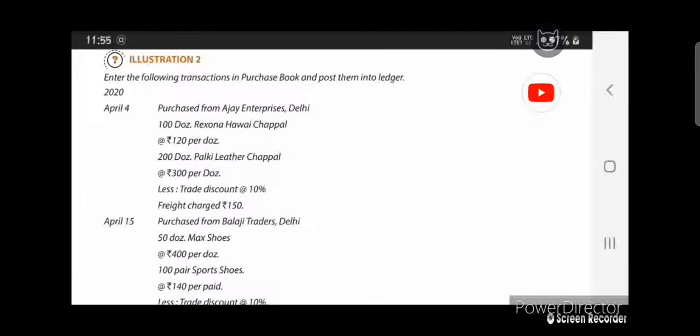They have offered a 10% trade discount, and they have asked for a freight charge of rupees 150.